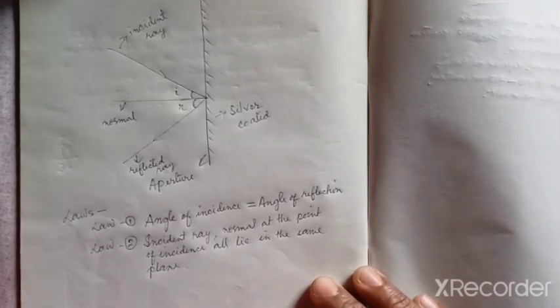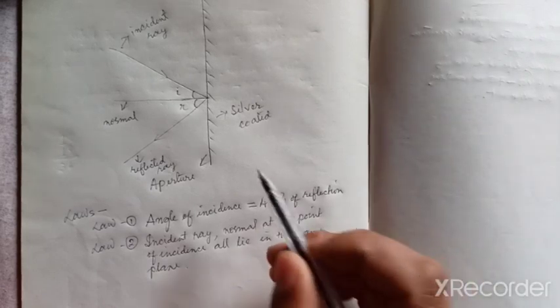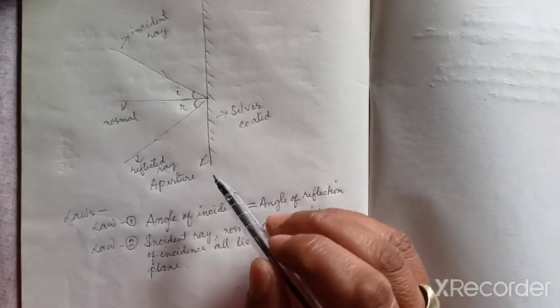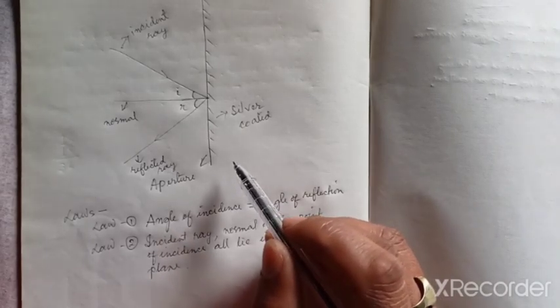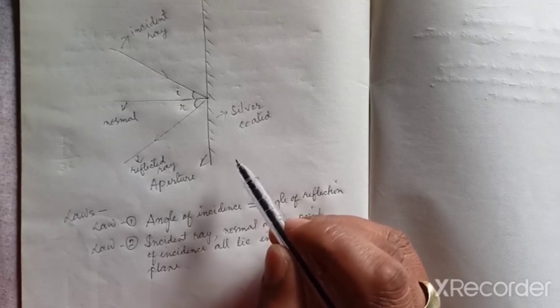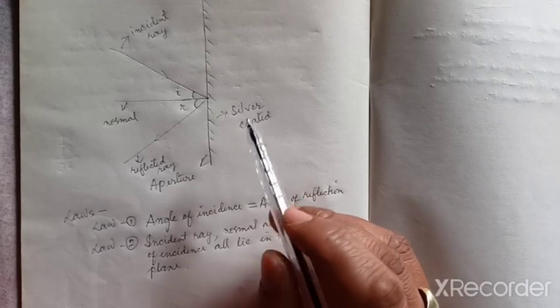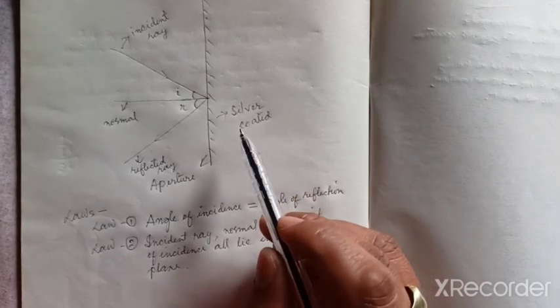And now some characteristics of the image formed by a plane mirror. The image formed by a plane mirror will always be erect, and the size of the image will be the same as the object size.